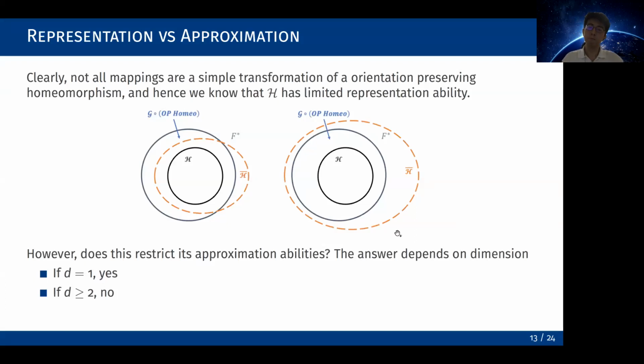This is a useful distinction: the closure can be much bigger than the original set. The fact that H possesses some very limiting structure does not stop one from being able to approximate things.